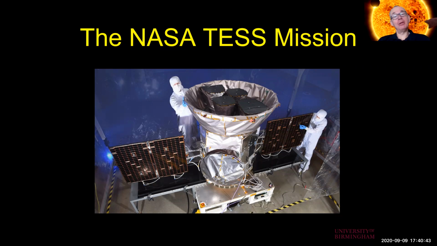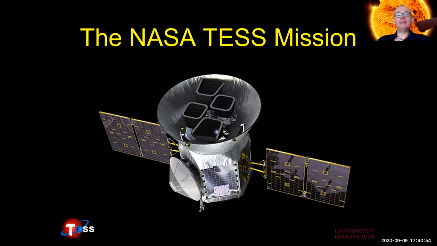Now, another difference from Kepler was the size of the satellite. Kepler was about the size of a bus, and you can see here TESS is much, much smaller. TESS makes its observations via the 4 cameras that you can see here.